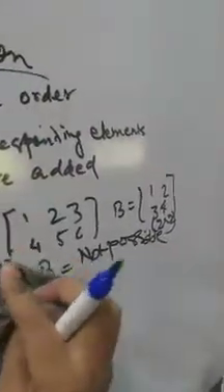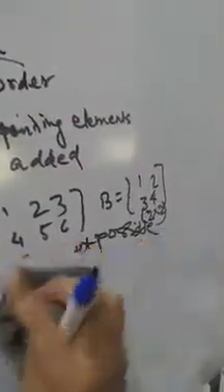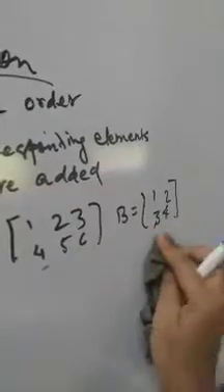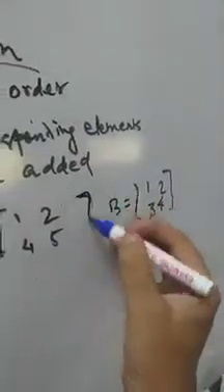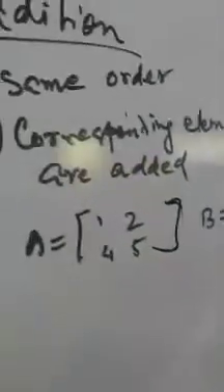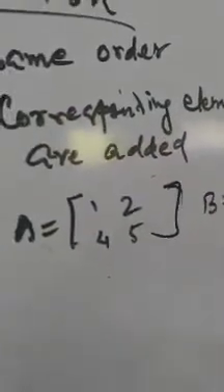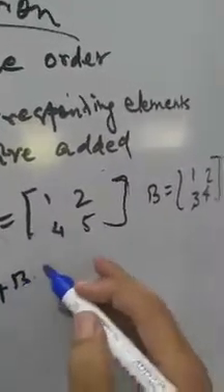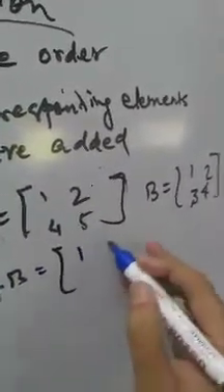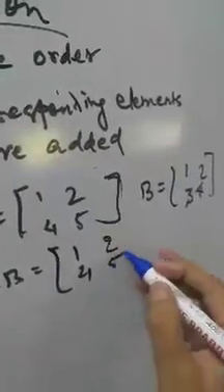Now if I take A is equal to [[1, 2], [4, 5]] and B is equal to [[1, 2], [3, 4]], then A plus B is possible. It is possible because A is a 2 by 2 matrix and B is also a 2 by 2 matrix.